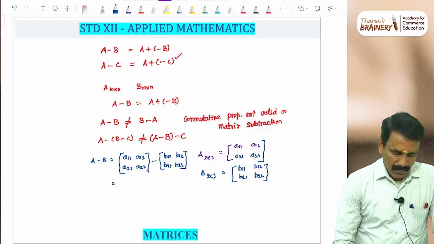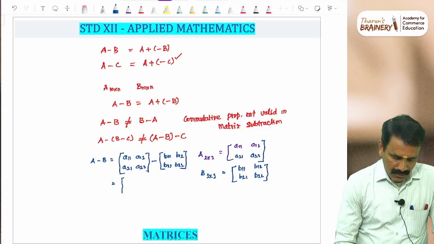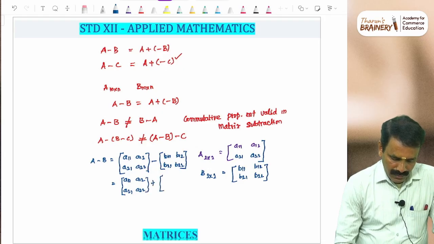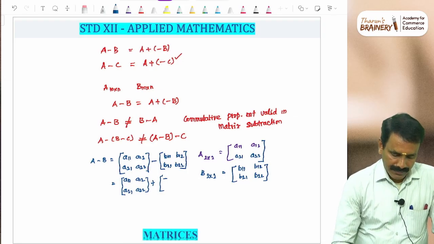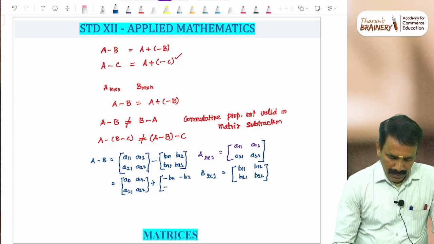We have one more step, converting that minus to plus. So we write A11, A12, A21, A22 plus, converting this B matrix to the negative matrix of B, that is minus B11, minus B12, minus B21, minus B22.